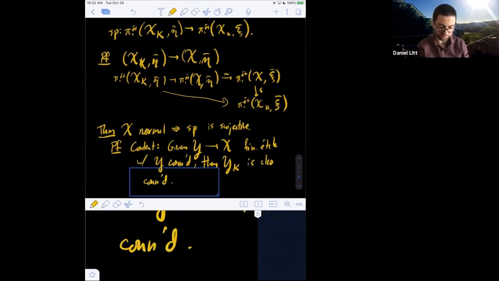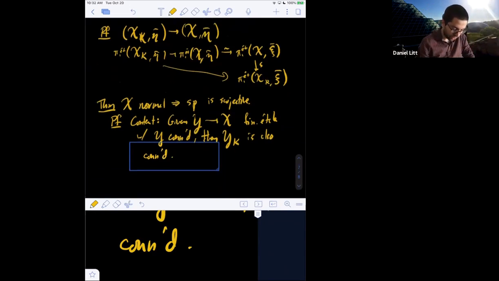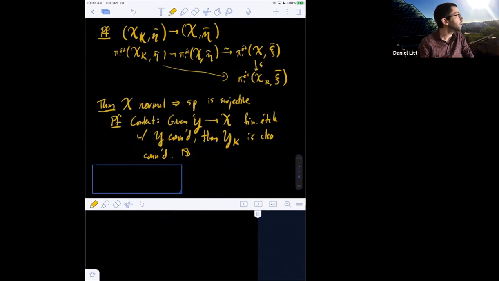And this just follows from Zariski-Nagata purity. The proof is just that Y is the normalization of X in the function field of Y, and so now you're done, because the function field is a domain, so you're connected. That's another way to say it. Great. So we have this surjective specialization map. All right. Are there any questions about that?